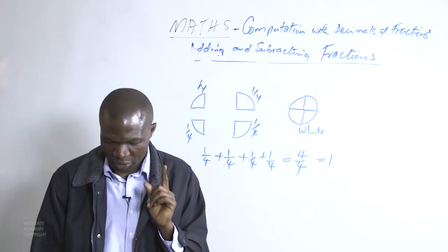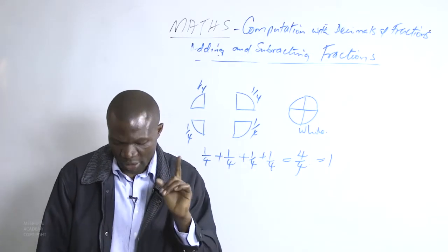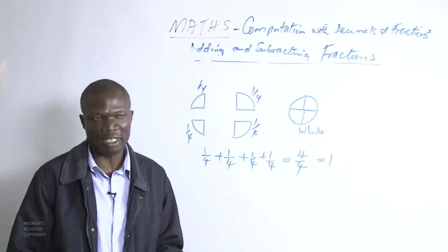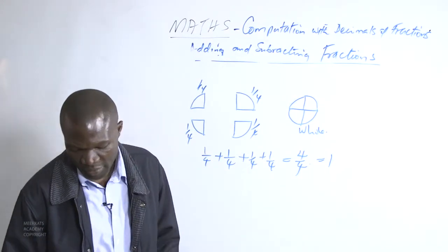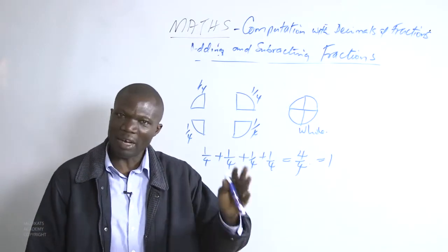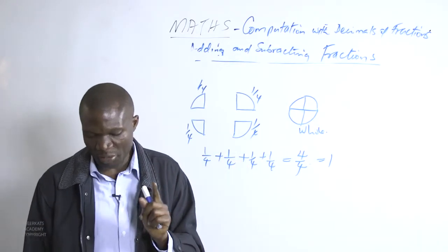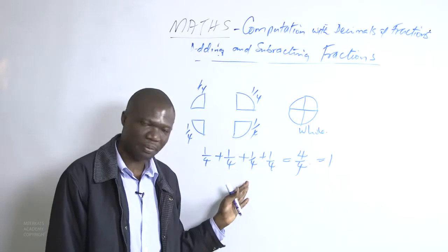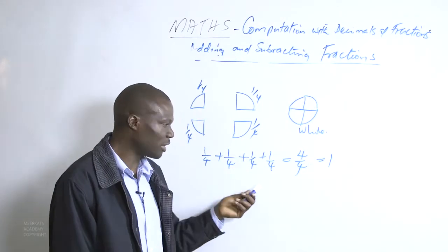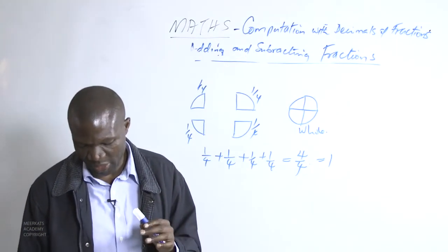Now, if 2 or more fractions have the same denominators, as we have seen, then we only require to add them by simply adding the numerators and keeping the denominator the same. We added the numerator 1 4 times, and the denominator was maintained.